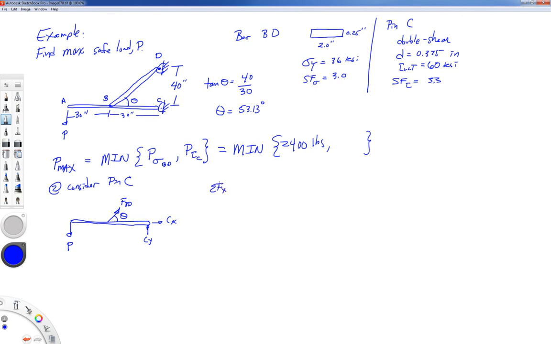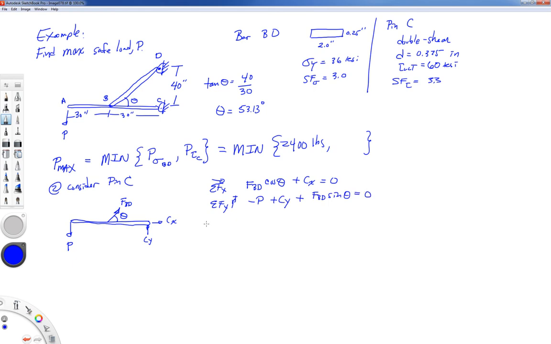Summation of forces in the x direction is going to give me FBD cosine theta plus Cx equal to 0. Summation of forces in the y direction: minus P plus Cy plus FBD sine theta equal to 0.